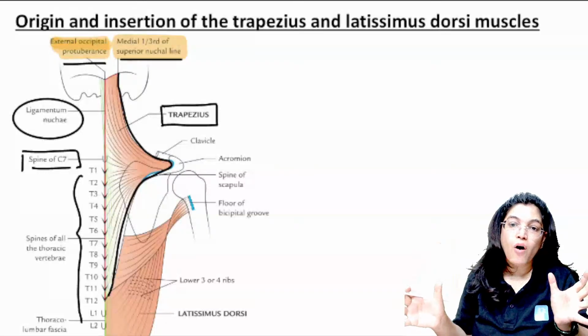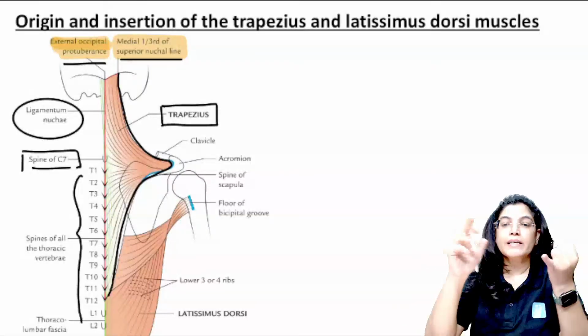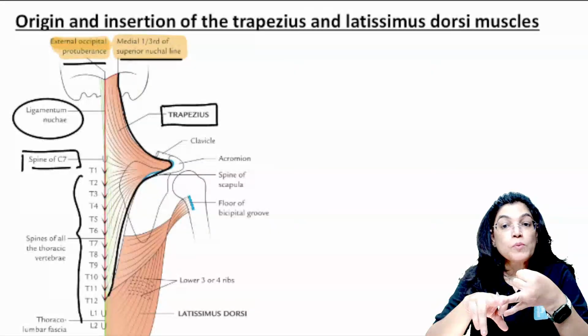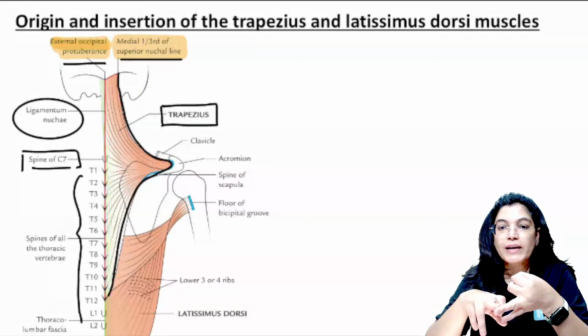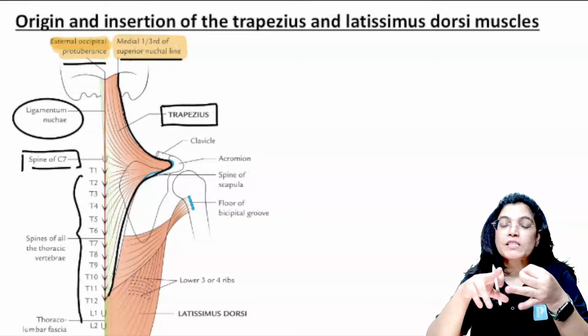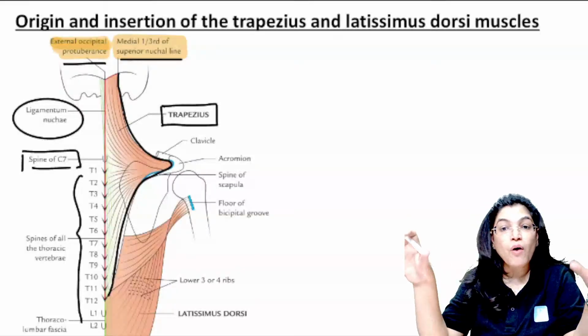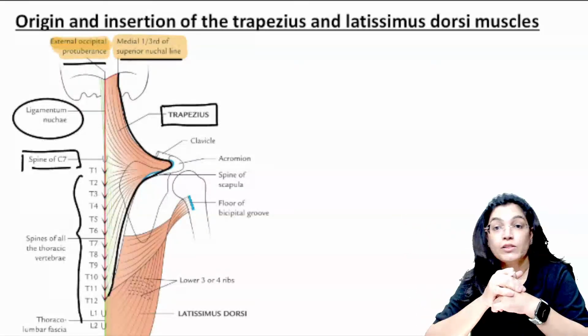To summarize the origin: the medial part of the superior nuchal line, the ligamentum nuchae, the spine of the seventh cervical vertebra, and the spines of all 12 thoracic vertebrae.